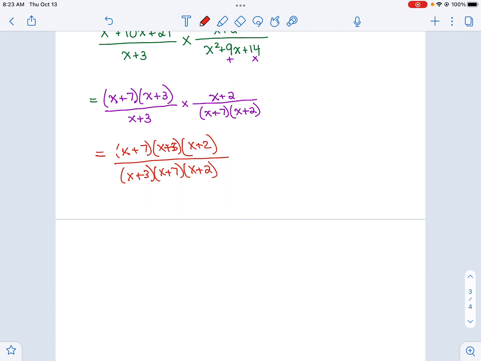Because when multiplying fractions, you just multiply the tops and multiply the bottoms. Then I can cancel out my common factors. The x plus 7s, x plus 3s, x plus 2s, everything cancels, so I'm just left with 1. So my final answer would be 1. But I'll have a whole bunch of restrictions.